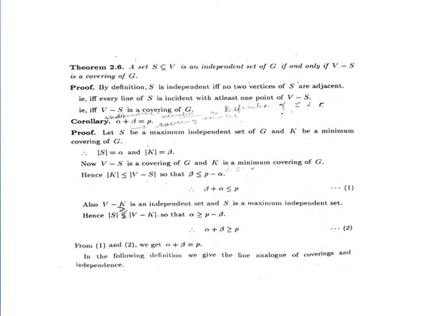Thus we get alpha plus beta less than or equal to P. Again V minus K is an independent set and S is a maximum independent set. Hence |S| is greater than or equal to |V minus K|, so that alpha is greater than or equal to P minus beta.